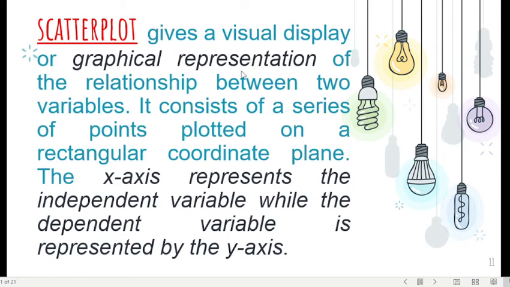A scatter plot gives a visual display or graphical representation of the relationships between two variables. It consists of a series of points plotted on a rectangular coordinate plane. The x-axis represents the independent variable, while the dependent variable is represented by the y-axis.